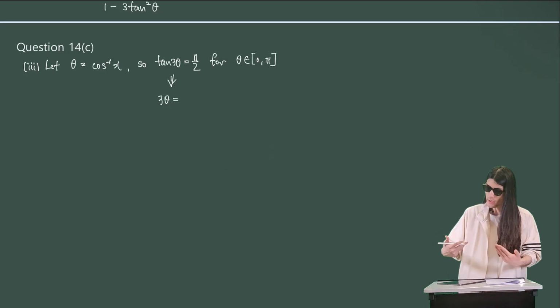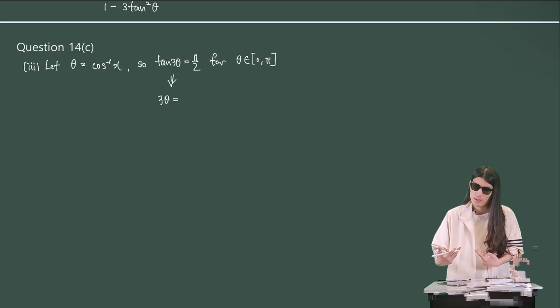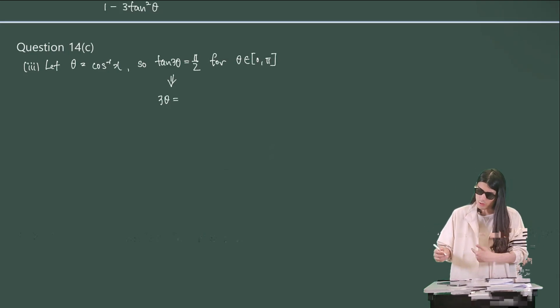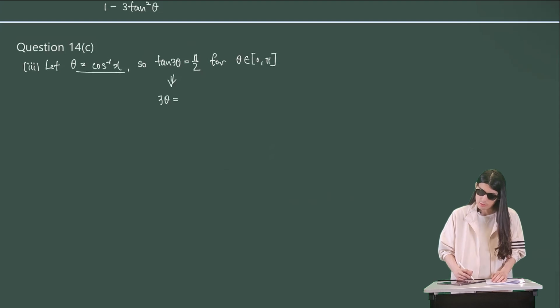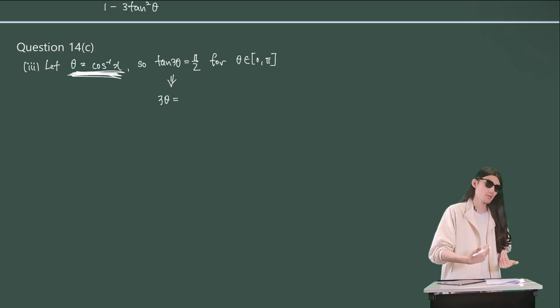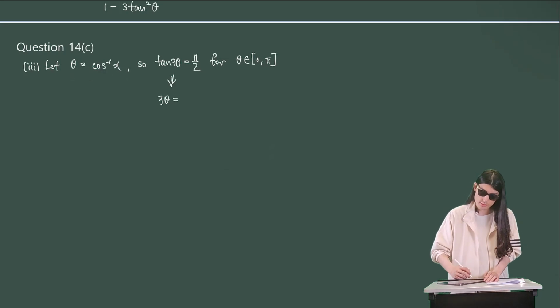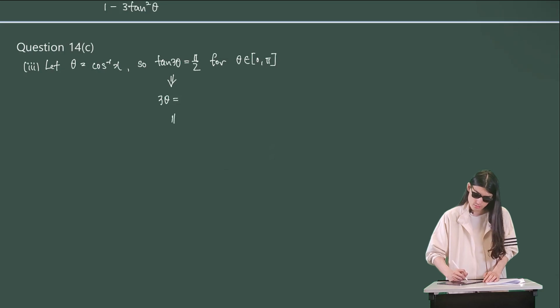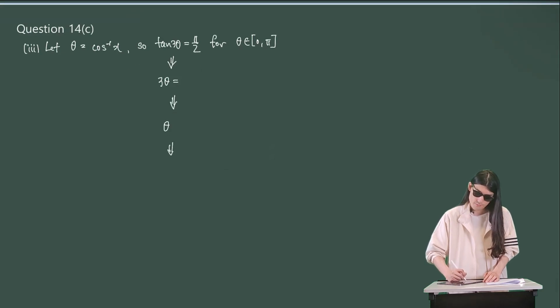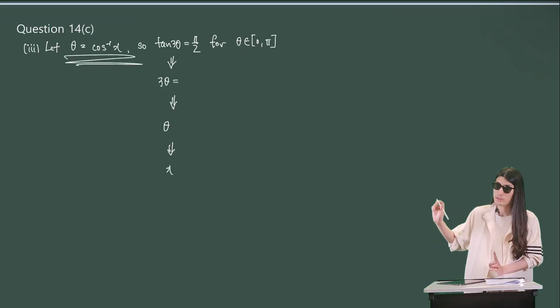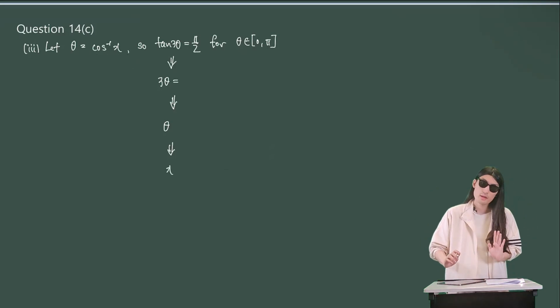And then I'll divide each of those values by 3 to find the values of theta. And once I know the values of theta, I will sub those values of theta back into what I have just underlined to then find the values of x. That's what I'm going to do, from here down to theta, and then down to x by subbing it back into what I've just underlined.